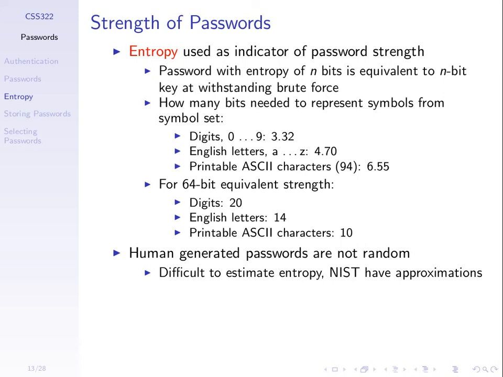Printable characters on your keyboard, there's 94 of them. Each one we need 6.55 bits to store, so to get 64 bits, 10 printable characters. Another way to think of it is that if you choose a random password using the keyboard characters, those 94 characters, and you choose a password which is 10 characters long, your password is about the same strength as a 64-bit random number.